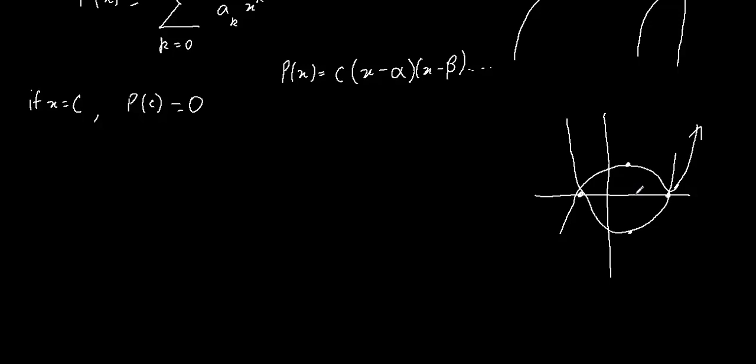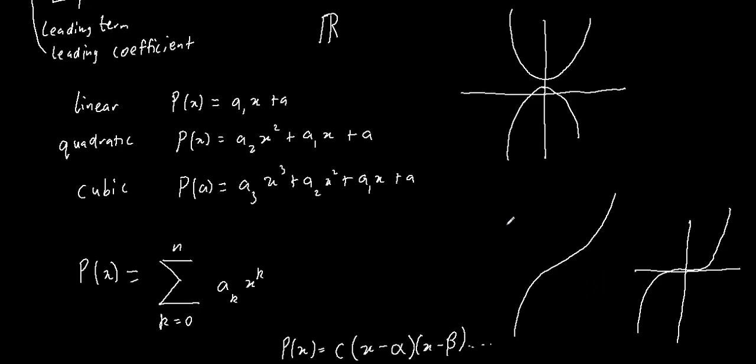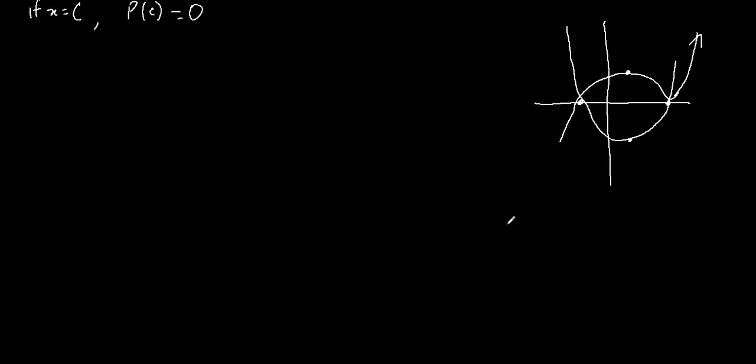Okay, so now after the introduction, after you met this guy, we got to learn how to do stuff with it. So let's try adding and subtracting. Any two polynomials can be added or subtracted, and it will give another polynomial.